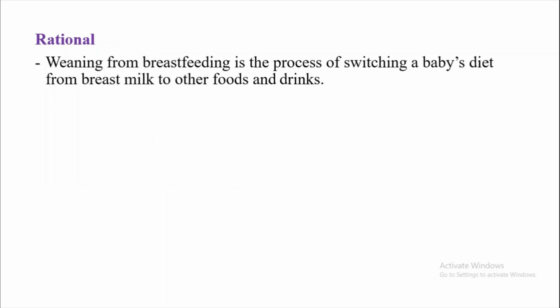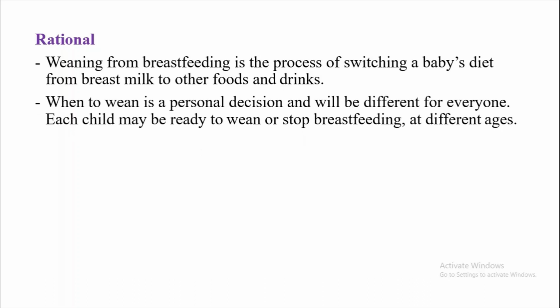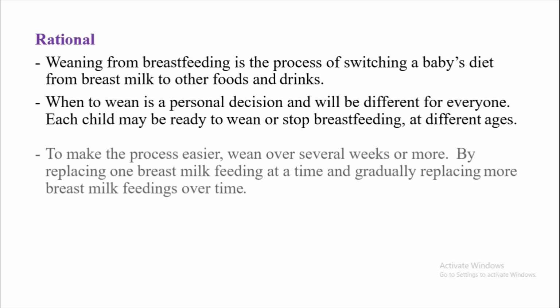Weaning from breastfeeding is the process of switching a baby's diet from breast milk to other food and drinks. When to wean is a personal decision and will be different from everyone. Each child may be ready to wean or stop breastfeeding at different ages.